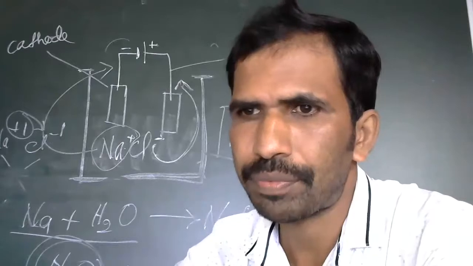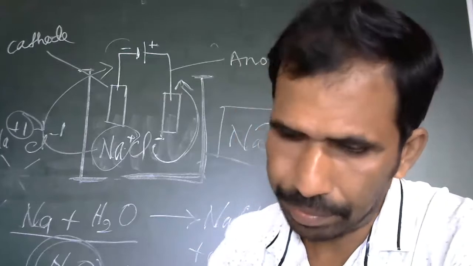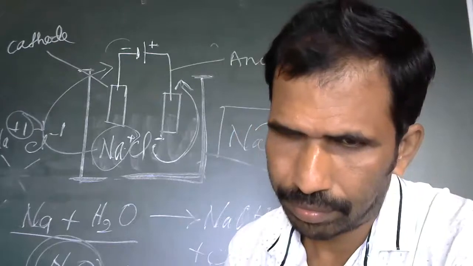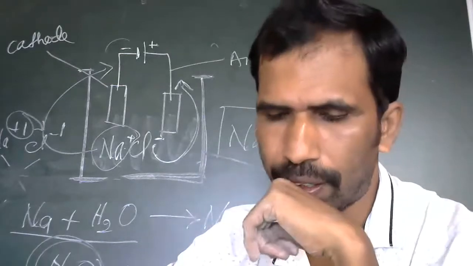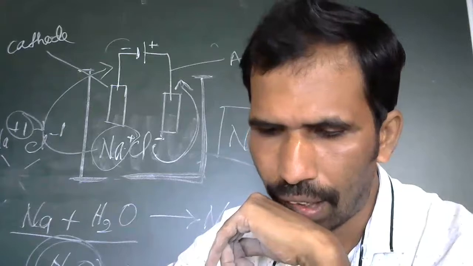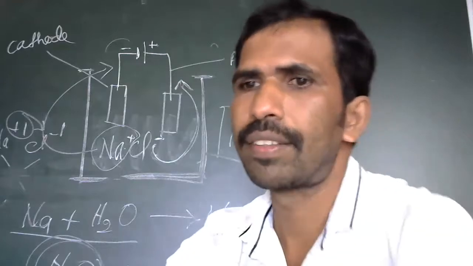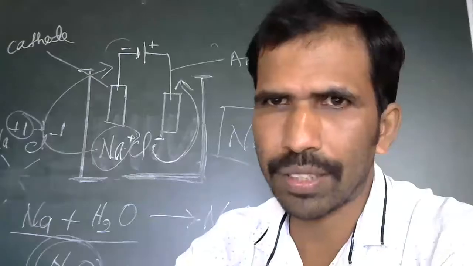Okay, thank you. Any doubts? Pannaga. So I hope no one is having any sort of doubt. Yes, sir. Any doubt? Hello? Siri, no, sir. Have you understood the process now? Yes, sir. How the chlorine is produced? Chlorine, hydrogen, and this thing.